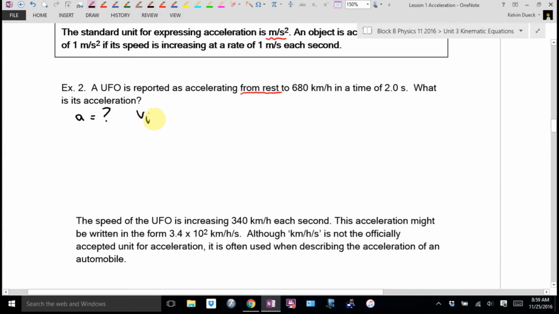Vi. What's that 680? Vf. And I noticed it's kilometers per hour, so I'll write the units down just to remind myself to be a bit careful. What's that 2.0?